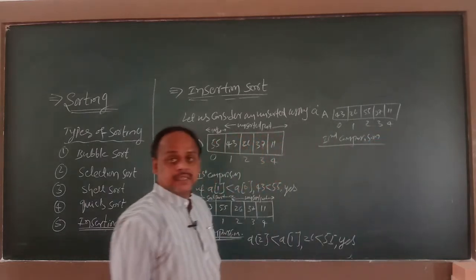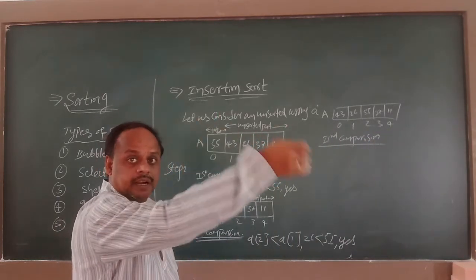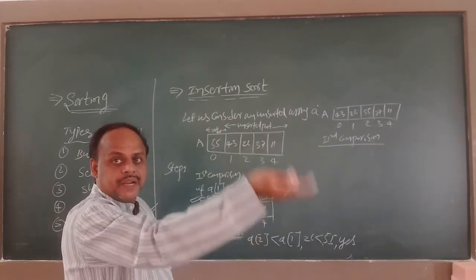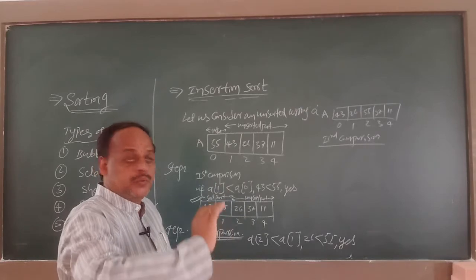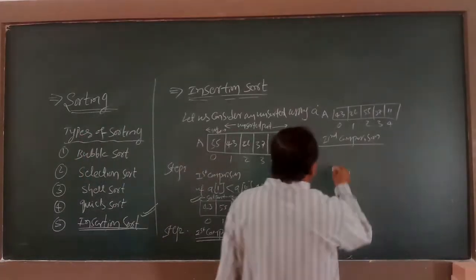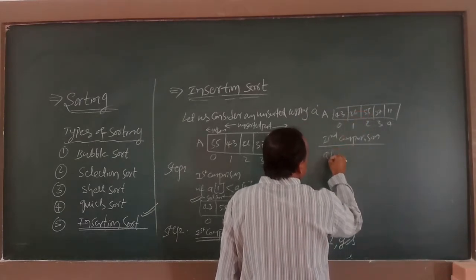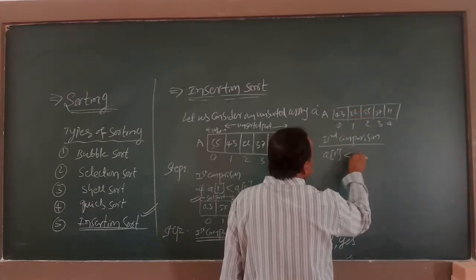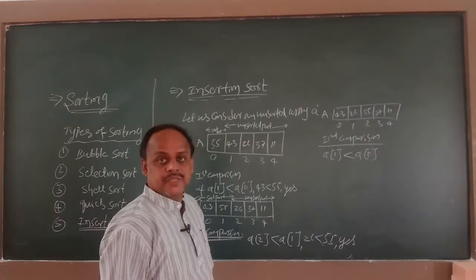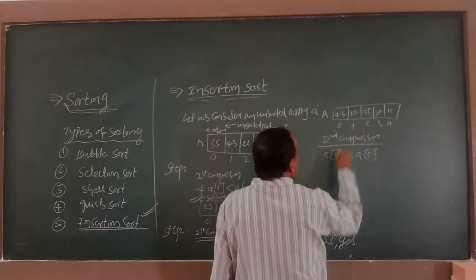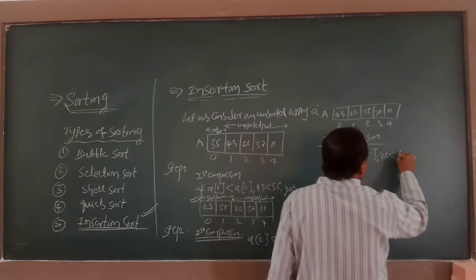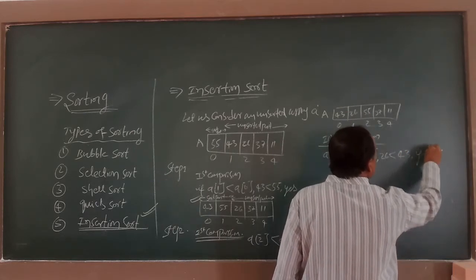In the second comparison, the third element is compared with the second element. Now we have to compare the second element with the first element. That is, A of 1 is less than A of 0. A of 1 means 26. 26 is less than 43. Yes.